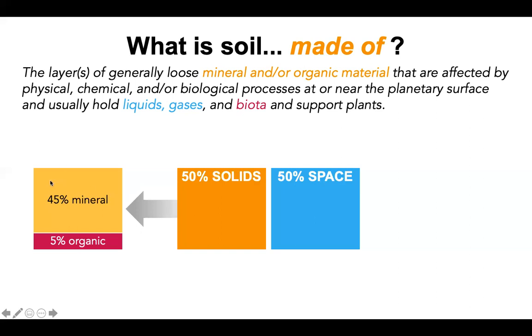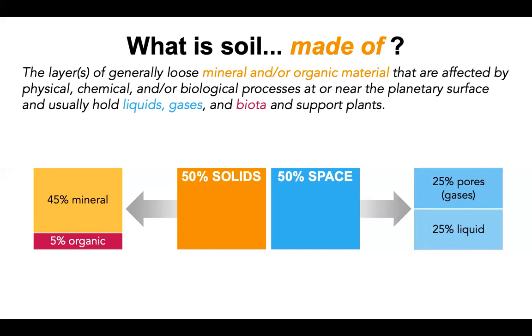So about 45% of the soil is mineral, which is like broken down rocks, and about 5% of it is going to be organic material, so things that are currently living or used to be living. Of that space, it's generally split about half and half, so 25% is going to be pores, which means it's filled with air, and that air is oxygen, CO2, N2, things like that. And then about 25% is usually filled up with liquid of some sort.